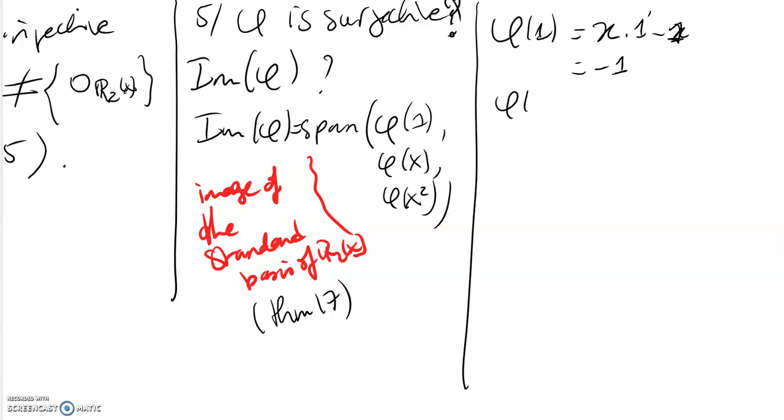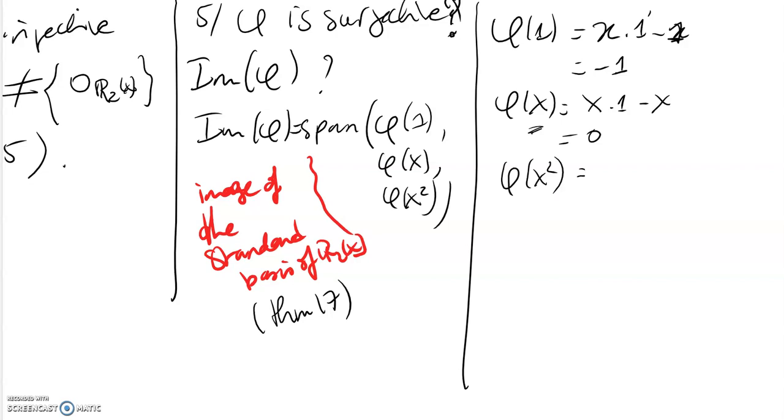Phi of x is going to be x times the derivative of x, which is 1, minus x, which is 0. We already know about that because we saw that the kernel of phi was spanned by this, so we knew that this would belong to the kernel of phi anyway. And then what's the image of phi of x^2?